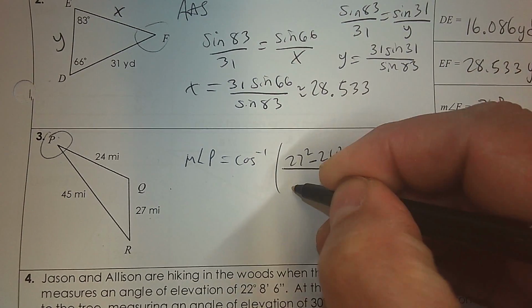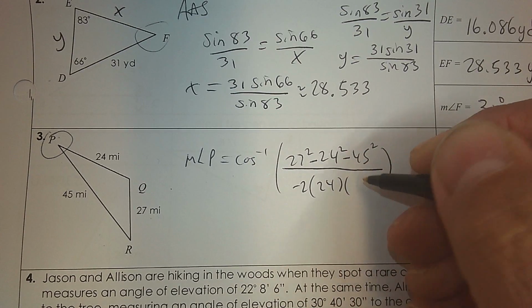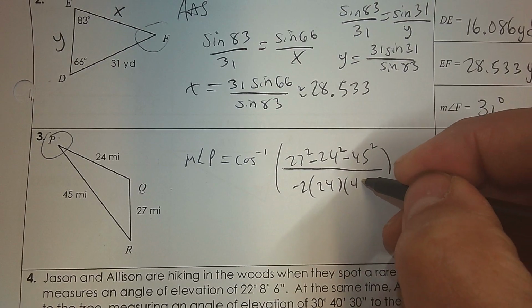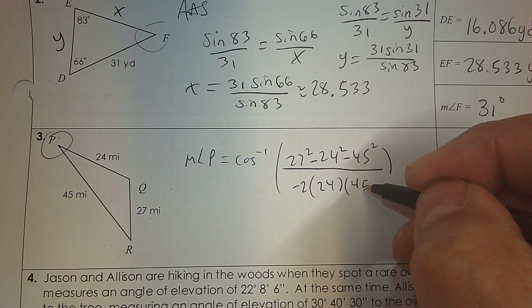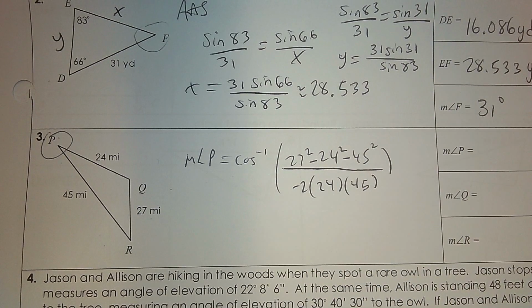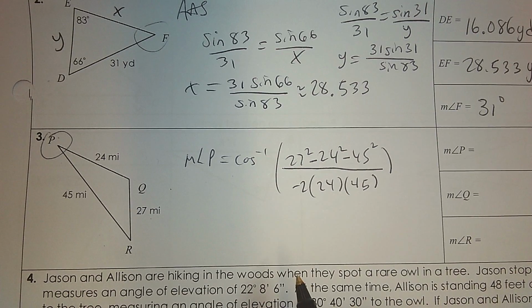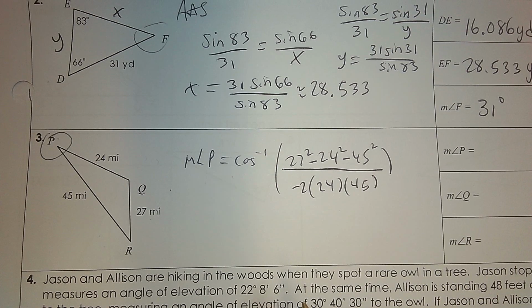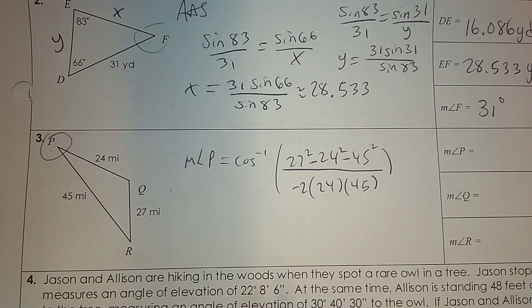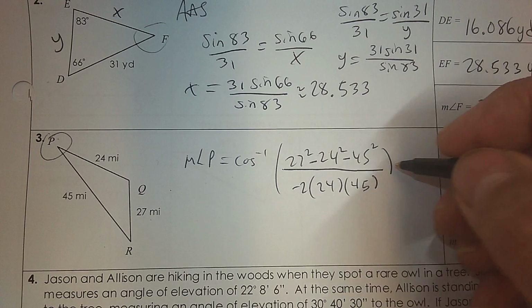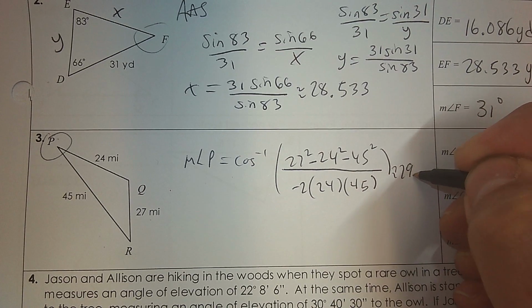And then it's negative 2, and then again 24 and 45. All right, use your calculator. And you get 29.926.